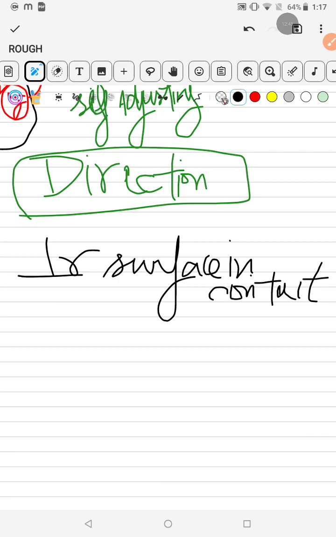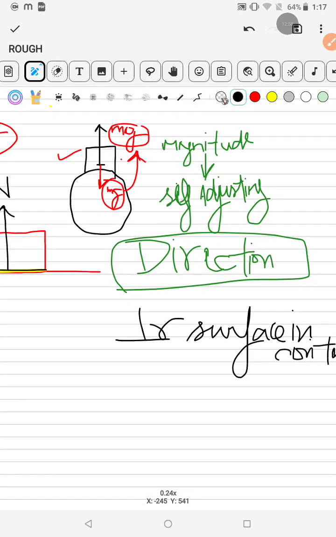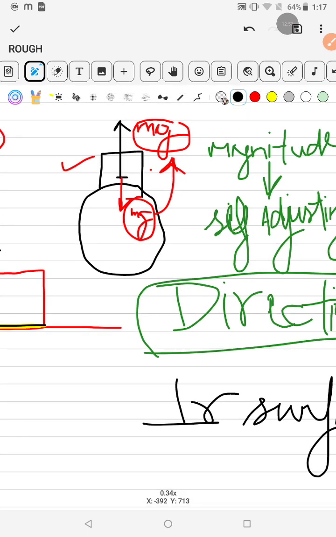The body on which normal acts tries to move away from the body which has applied the normal. That means if the earth is applying normal on the block, it will try to make the block move away from it. And same here, the block applies some normal on the earth and it wants the earth to move away from the block.